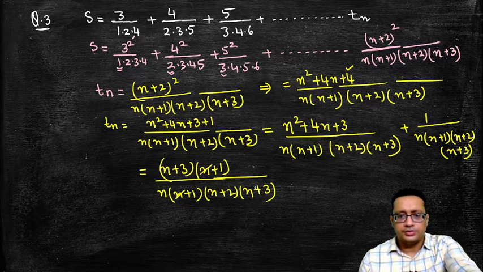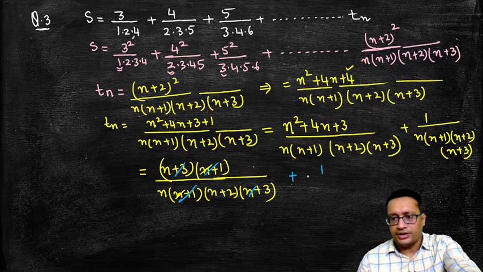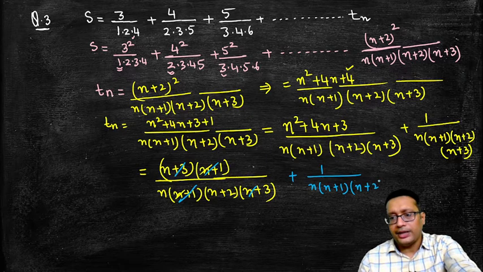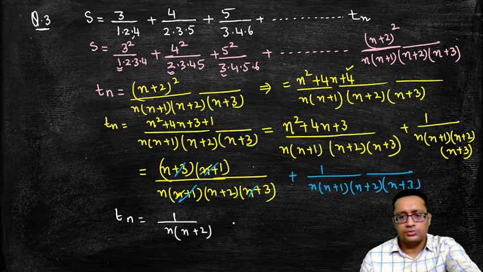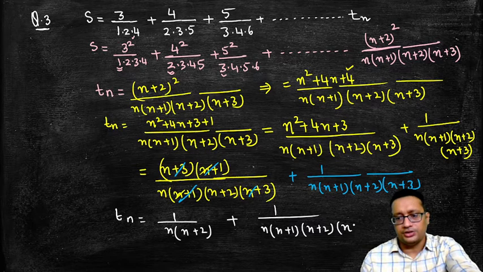This and this will get cancelled, and this and this. And again remaining here is 1 into n. So now you are able to solve this. So see here, it becomes Tn is equal to 1 upon n into n plus 2, plus 1 upon n into n plus 1, n plus 2 into n plus 3.